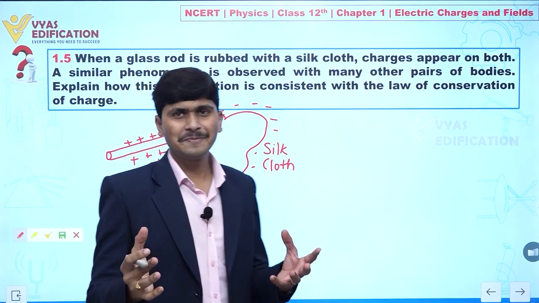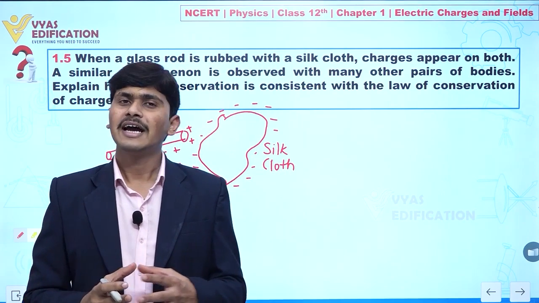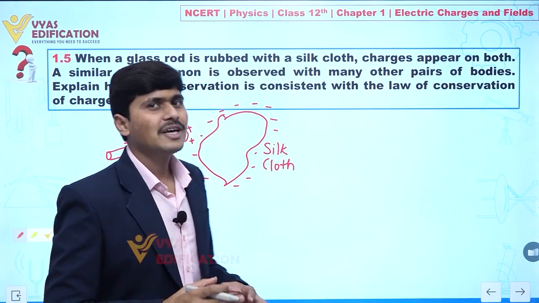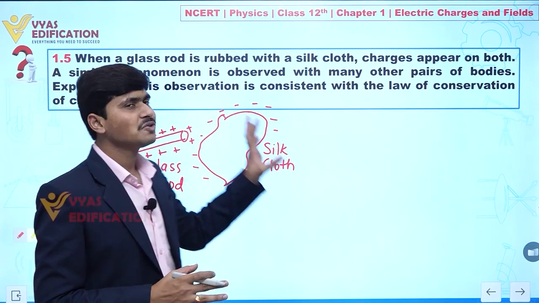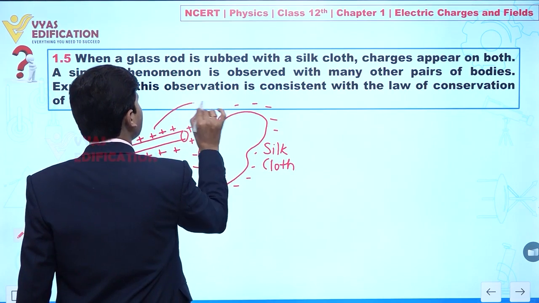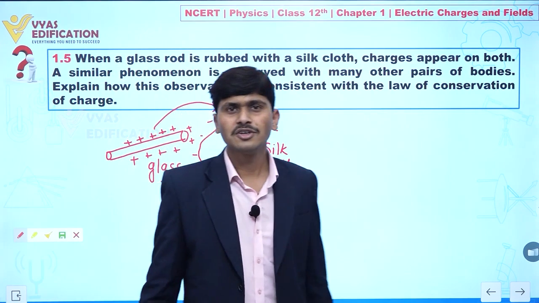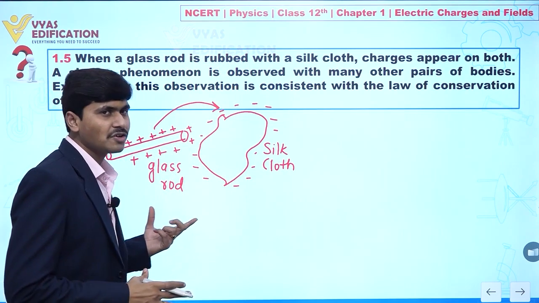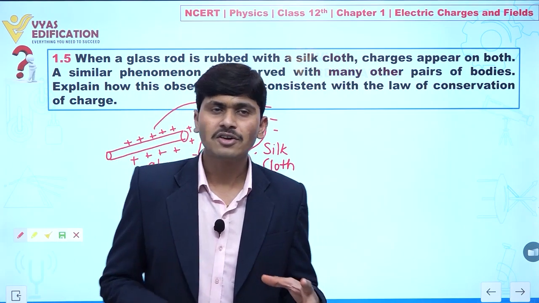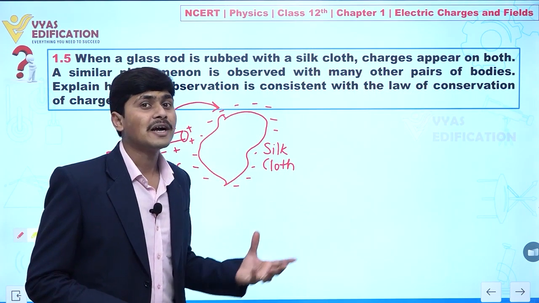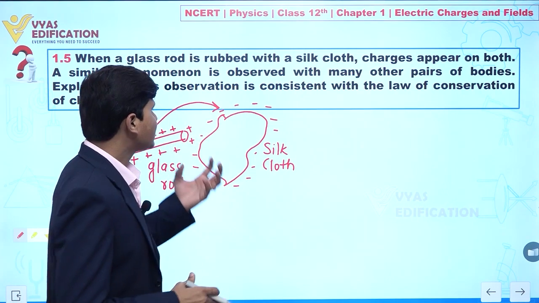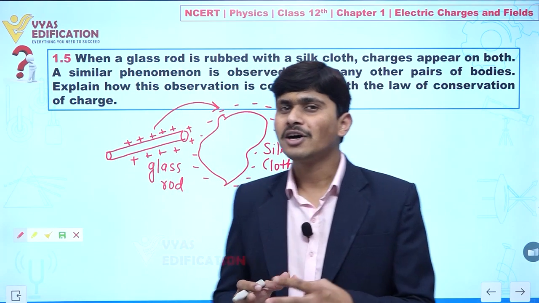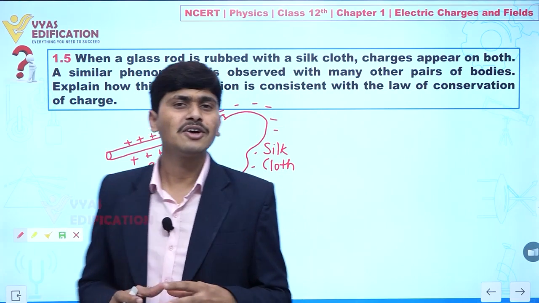So how is the glass rod getting positive charge and how is this silk cloth getting negative charge? Some of the electrons are transferred from the glass rod to the silk cloth, yes or no. It means some electrons are transferring from the glass rod to the silk cloth. Then there is a deficiency of electrons on the glass rod and we get some excess of electrons on the silk cloth, yes or no. The excess amount of electrons present on the silk cloth is equal to the deficient amount of electrons on the glass rod.